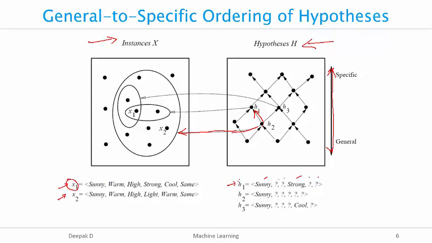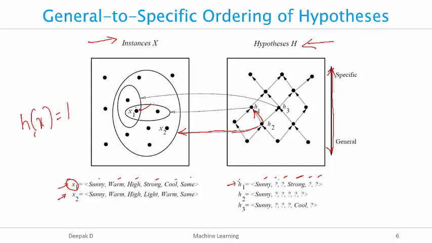You can see Sunny here, warm, any value is acceptable, high, any value is acceptable, strong is there, cool and same, any value is acceptable, which means that H1 satisfies x1. Whether it's a positive or negative instance doesn't matter, but H1 of x1 equals 1.